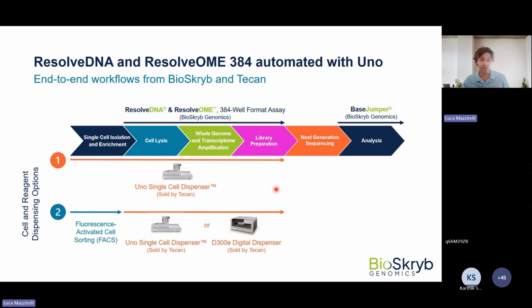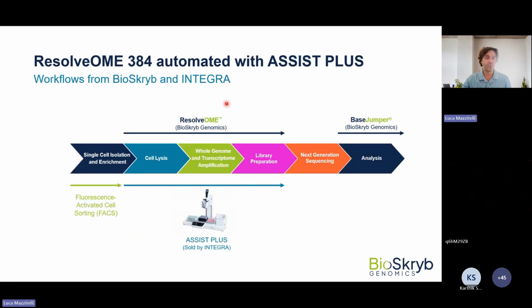It is a semi-automated version to speed up your work and to increase throughput. We also provide the script for another liquid handler that is able to handle micro volumes, like the Integra Assist Plus.